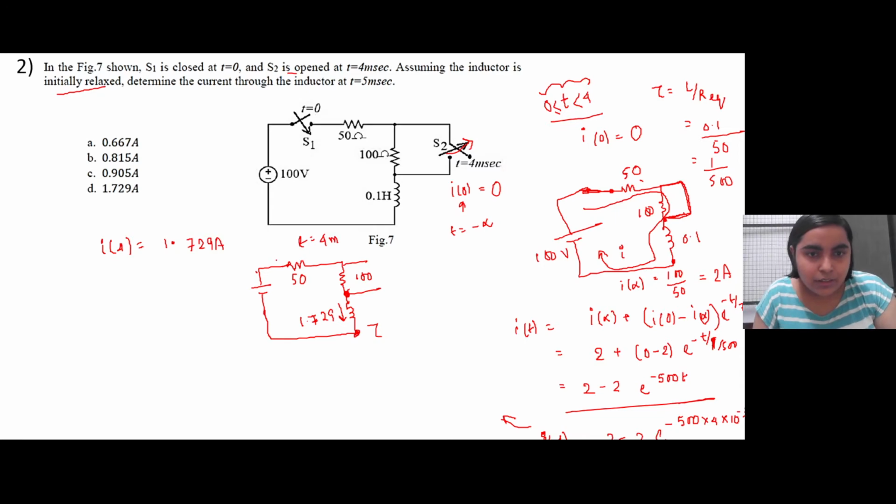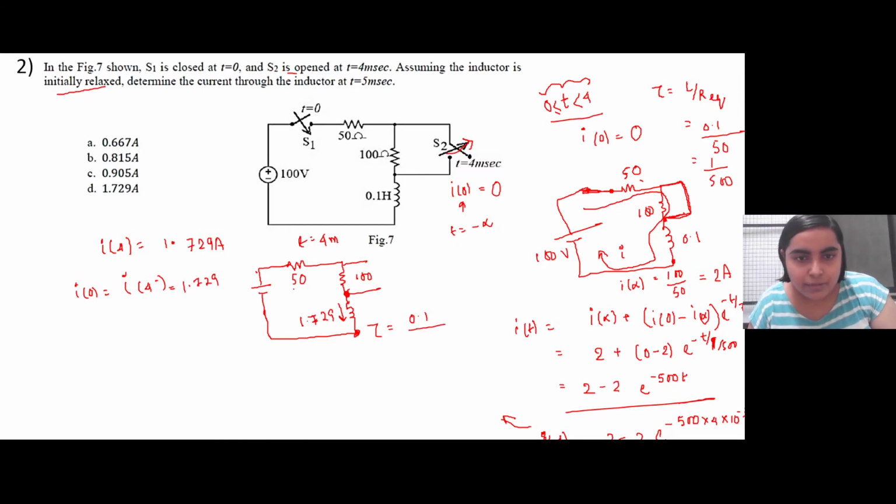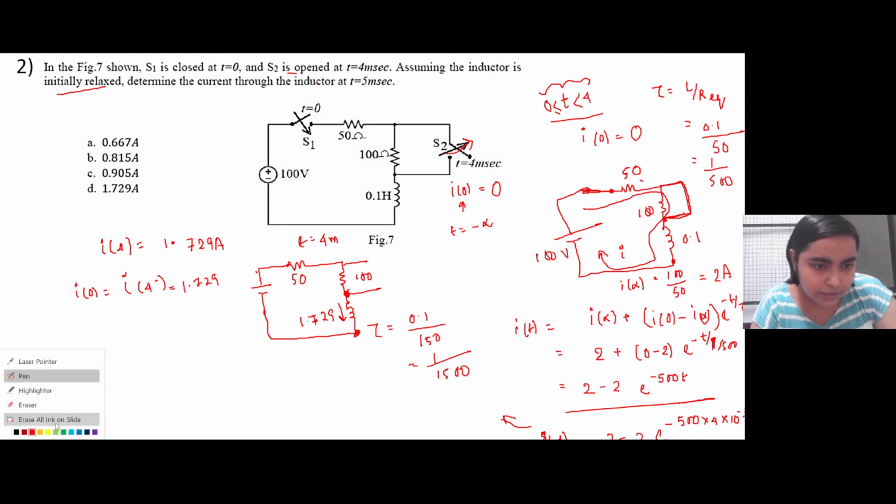So I0 is actually I at t equal to 4 minus, which is 1.729. Now the time constant after switching will be L, still 0.1, and R equivalent is 100 plus 50, so it is 150. So tau is 1 by 1500.